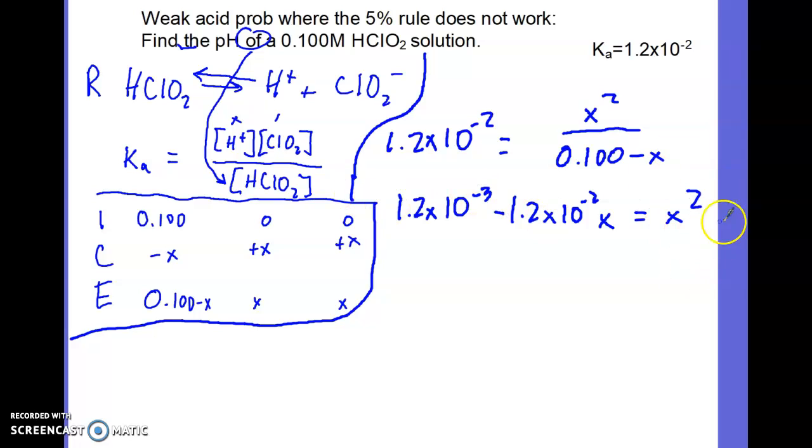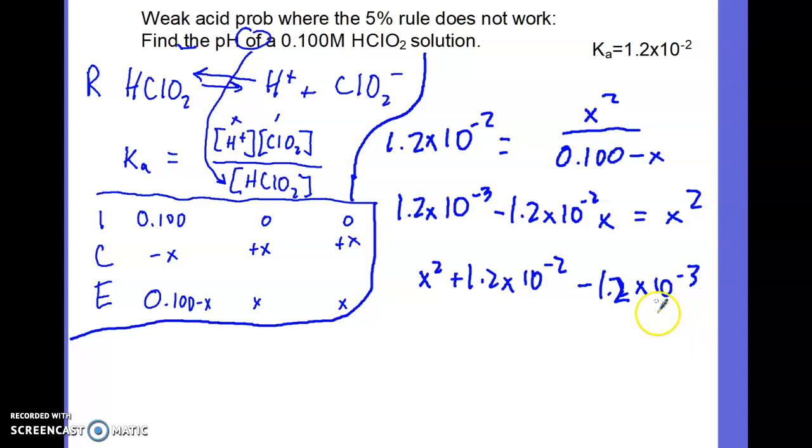I want to set this all equal to 0, so I'm going to add, so that'd be x squared plus 1.2 times 10 to the minus 2 x minus 1.2 times 10 to the minus 3. Okay, so I have my ax squared plus bx plus c equals 0, right?